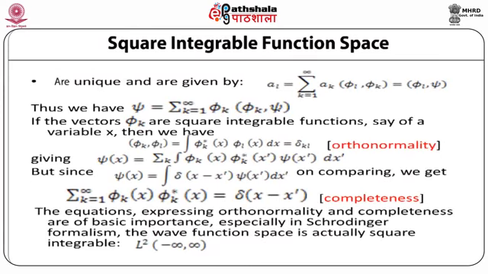Square integrable function space. The coefficients ak in the expansion for psi equal to summation k going from 1 to infinity ak phi k are unique and are given by al is equal to summation k going from 1 to infinity ak into the inner product or the scalar product of phi l and phi k, and is equal to the scalar or the inner product of phi l and psi.